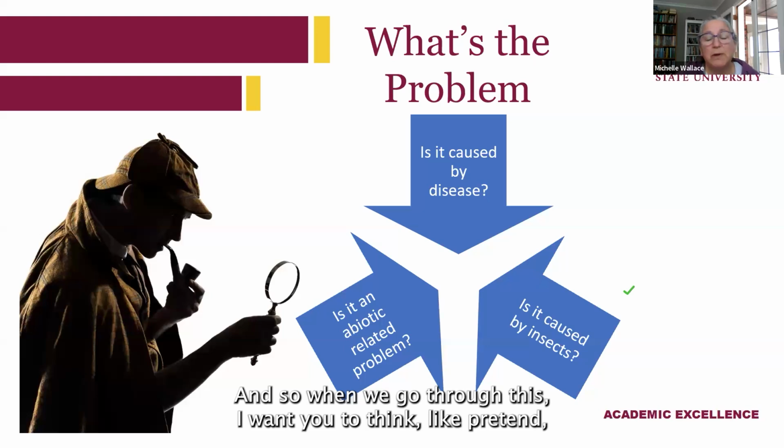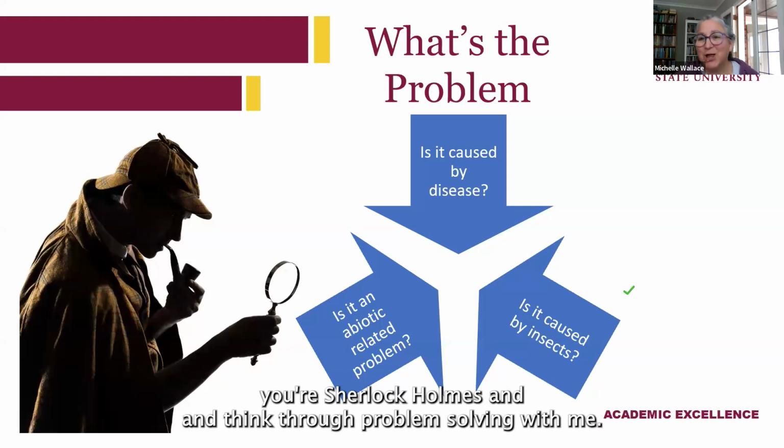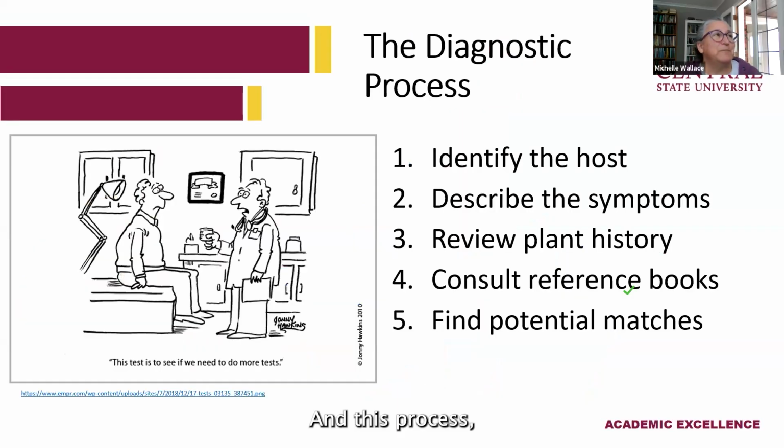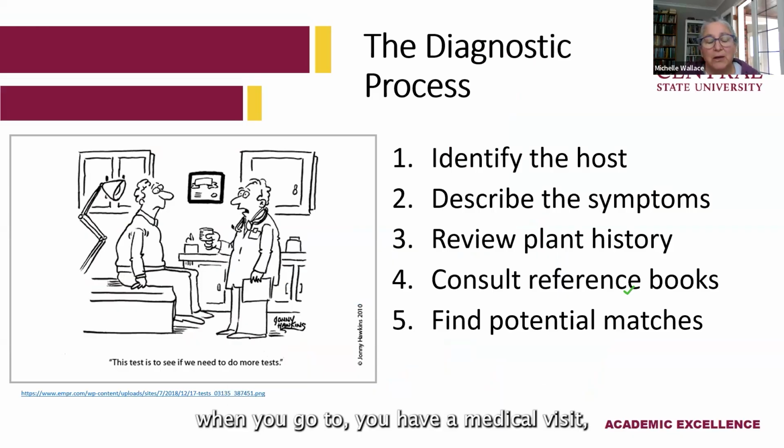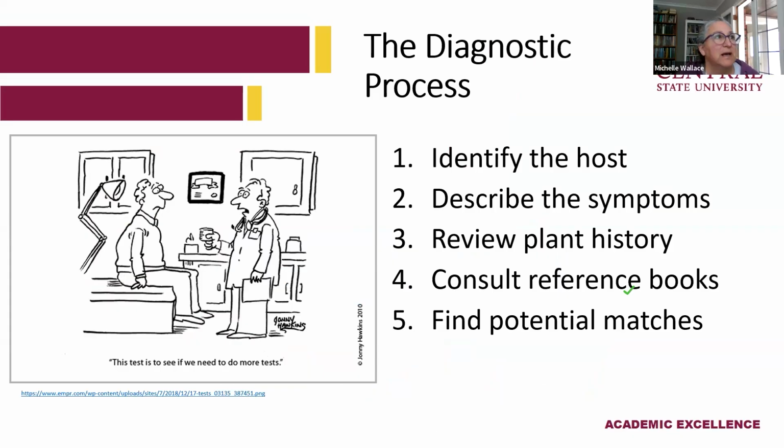And so when we go through this, I want you to pretend you're Sherlock Holmes and think through problem solving with me. This diagnostic process is very similar to what physicians go through when you have a medical visit. You have to identify the host.